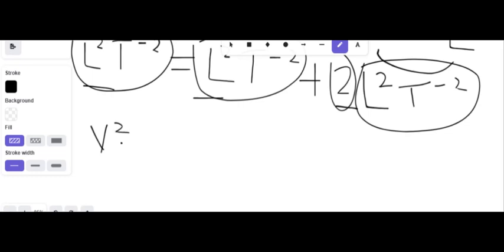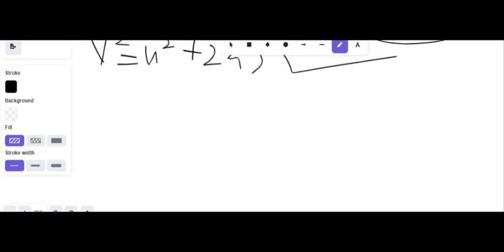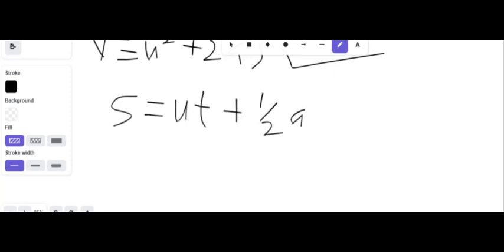The last one that I want to look at, I said I'm going to leave it for you before. Maybe I'll send in chat the one I would like you to do by yourself. This is s equals ut plus half at squared. You're all familiar with these equations.